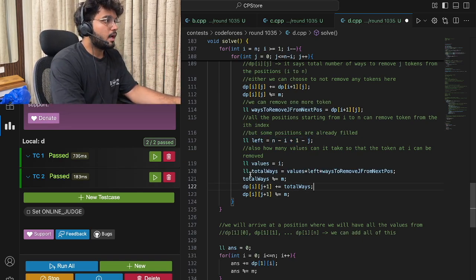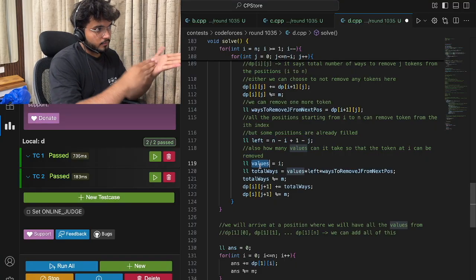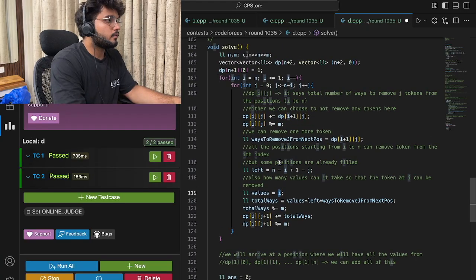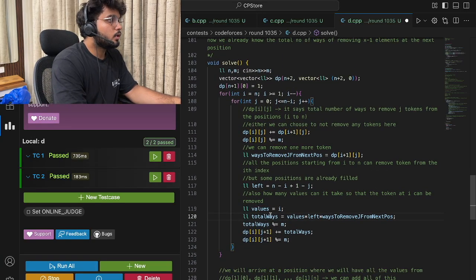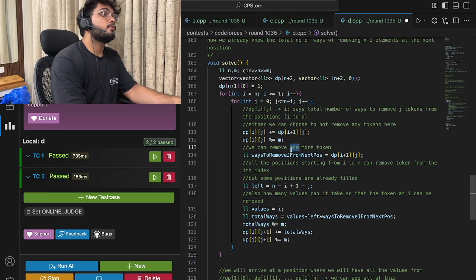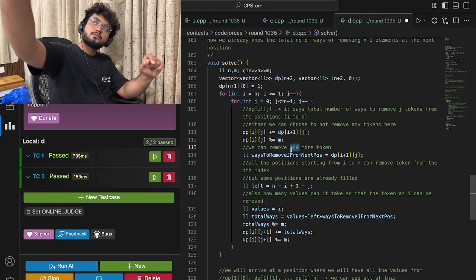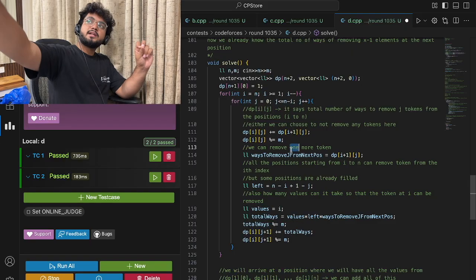And what are the values that these tokens can take? It is from 1 to i. So the total number of ways will be the multiplication of these three. The total number of ways to remove j tokens from the next position, those will be there. Now how many positions are left?